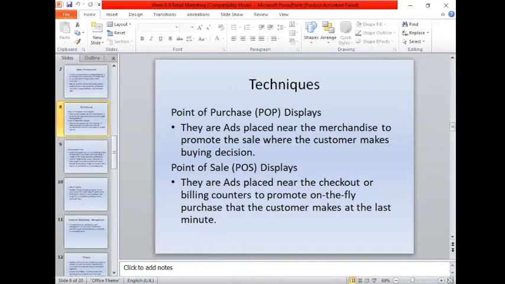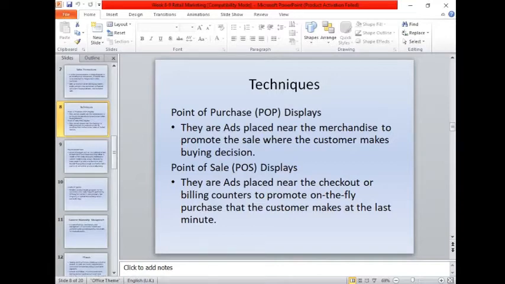The point of sale are the ads placed near the checkout or billing to promote on-the-fly purchase. An example is when you are at the cashier or at the counter, there is, for example, alcohol or chocolate. That's a point of sale. That's an on-the-fly purchase.